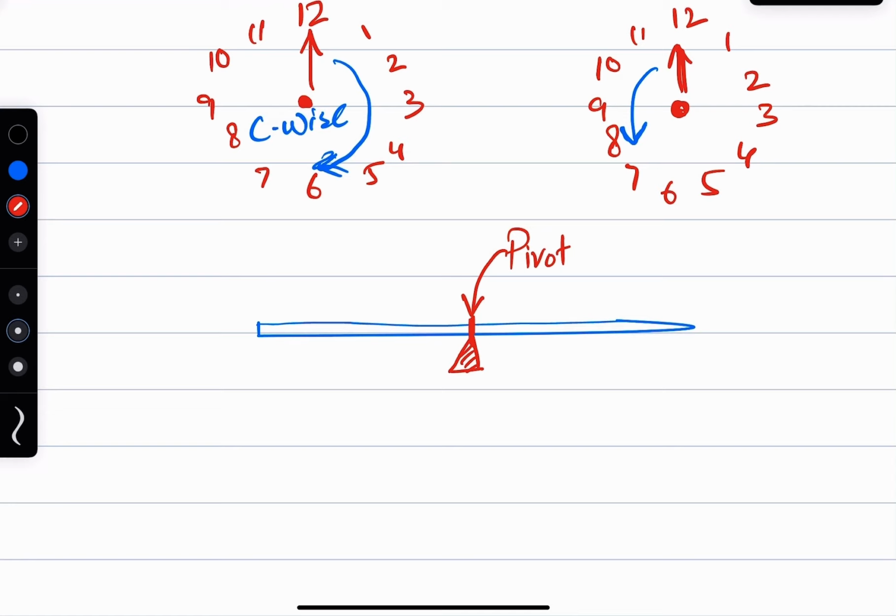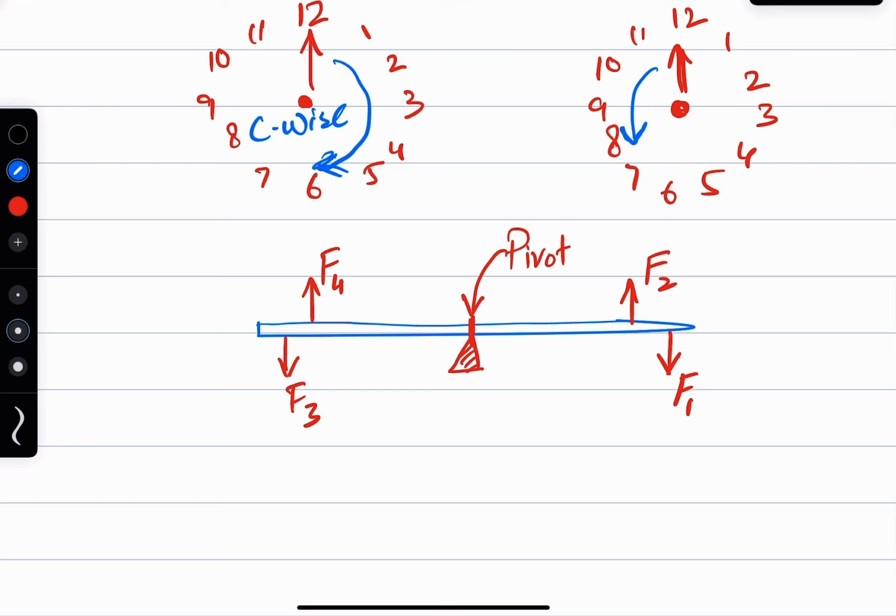Let's suppose there are possibilities where we can apply force. We can apply force on the right side in the downward direction. Let's suppose this is F1. We can apply force in the upward direction as well. On the left side we can apply force in the downward direction, let's suppose this is F3, and we can apply force in the upward direction as well. So we have to check in which direction these forces will produce moment.